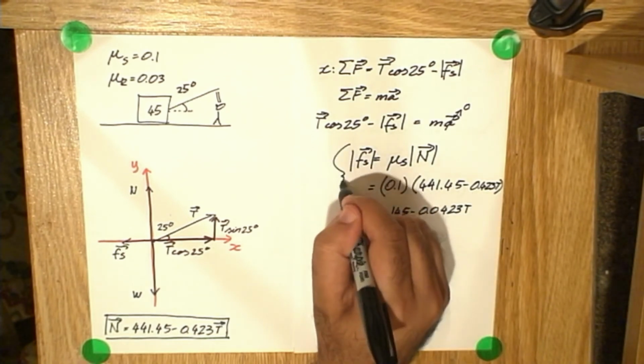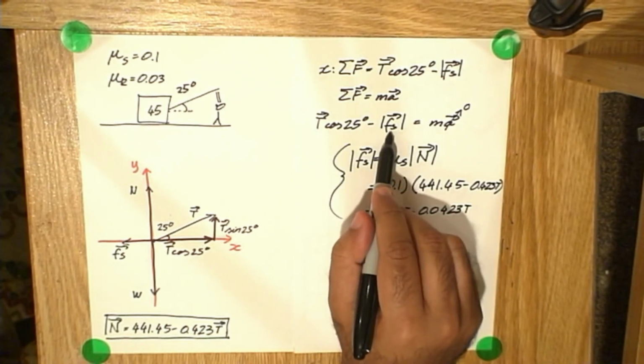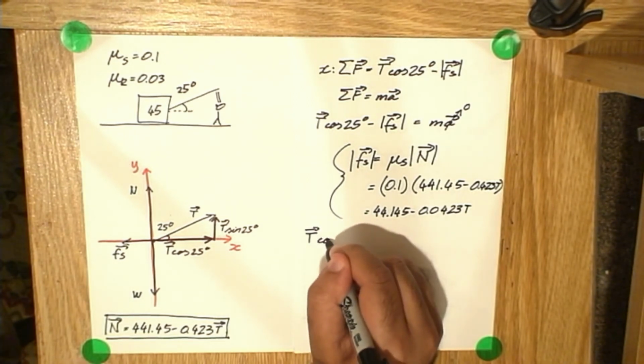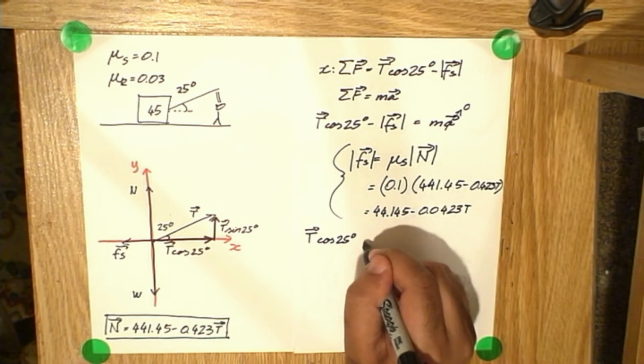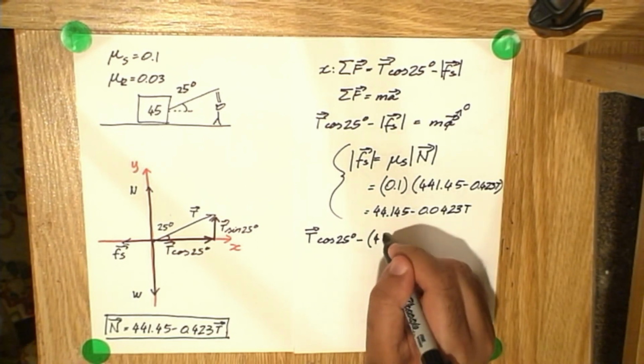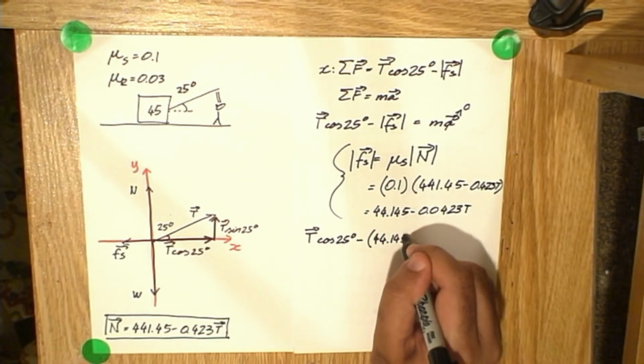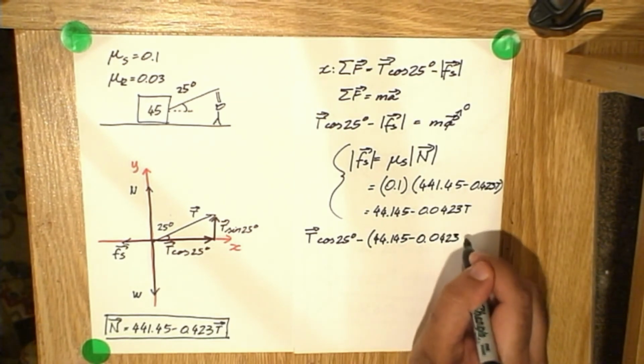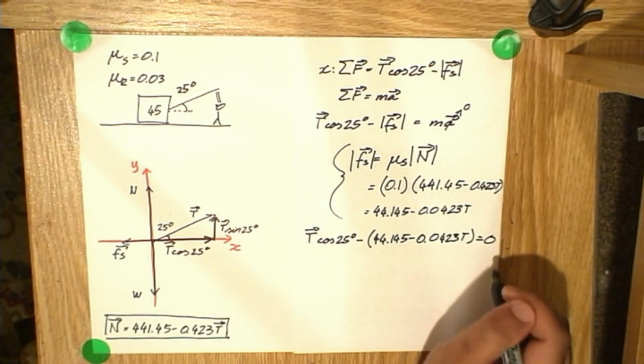This is now the expression that we plug into static friction. So T cos 25 degrees minus 44.145 minus 0.0423 times the tension is equal to 0.